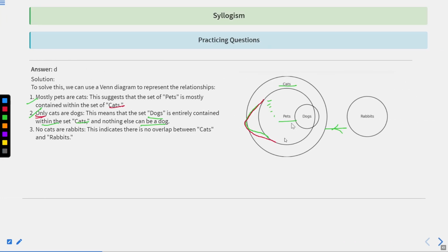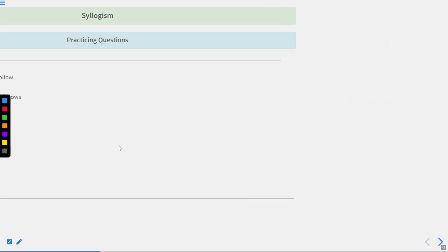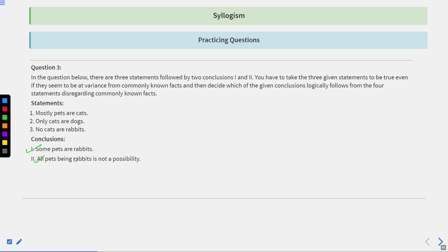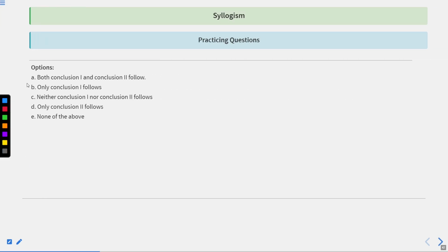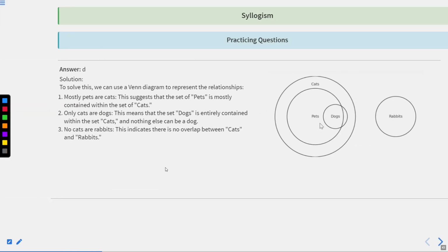So pets are within the cats, and there is no relation between cats and rabbits. So obviously there will be no relation between cats and rabbits. So the second conclusion, which says all pets being rabbit is not a possibility, this statement is correct. Some pets are rabbits, which cannot be figured out, because obviously that is not what is being represented in the Venn diagram.